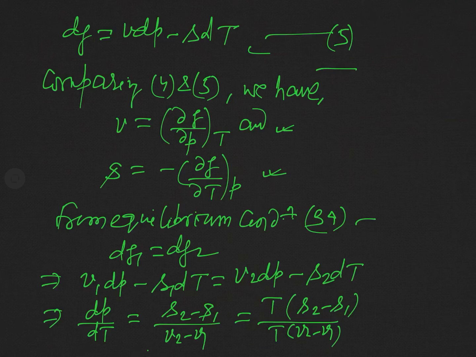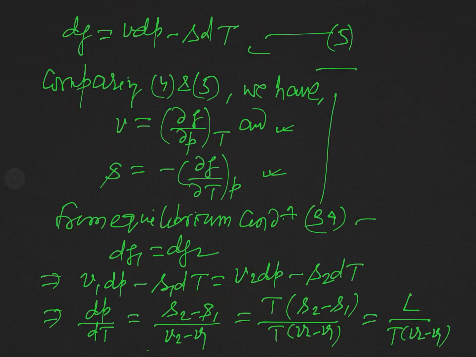This is the heat absorbed by the system when its phase is changed from phase 1 to phase 2, that is, the liquid state is converted into vapor state, and this is called the latent heat of vaporization, or the specific latent heat, denoted by the symbol L. So this will be equal to L over T (v2 minus v1).